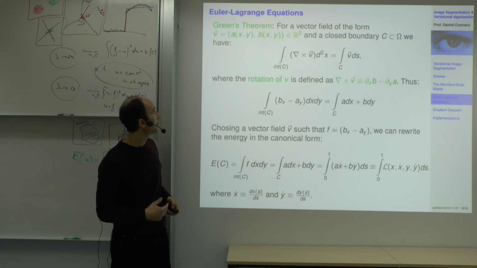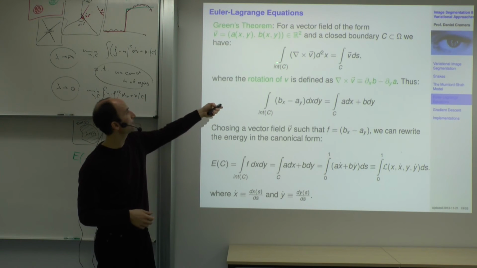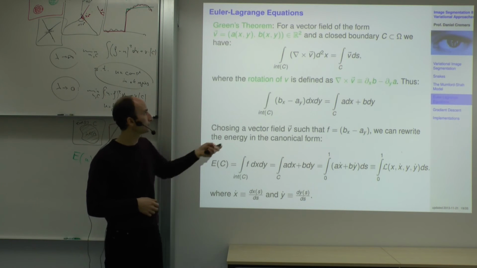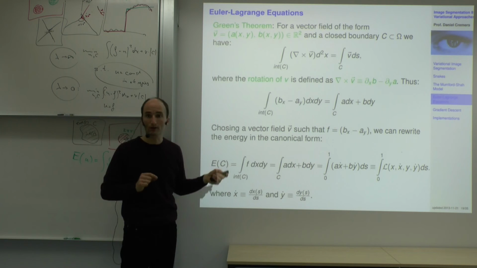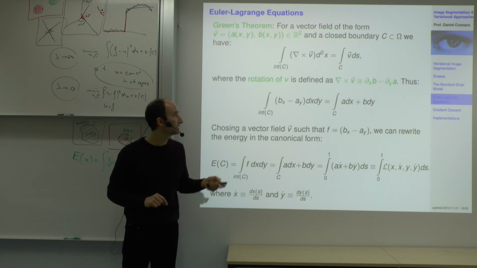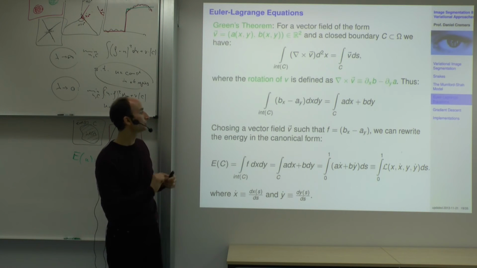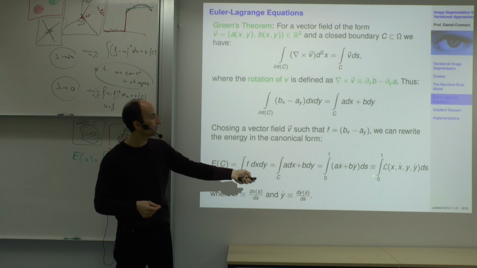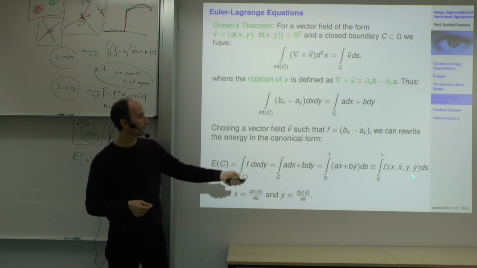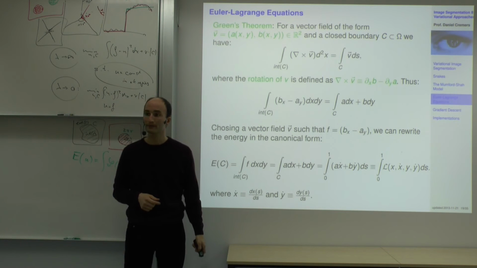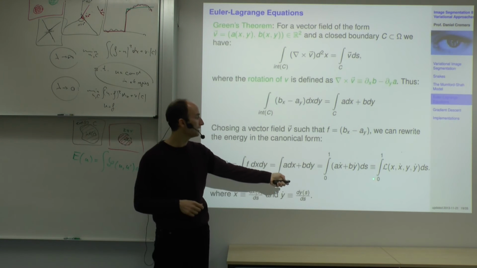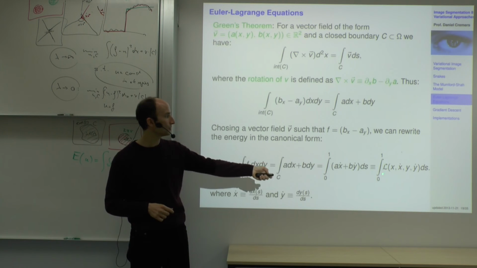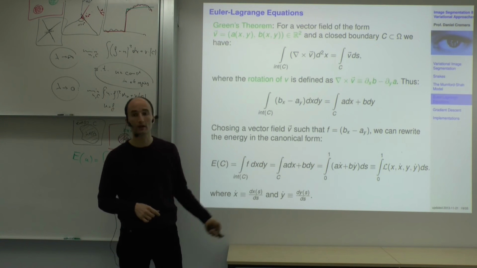And so we do that in two steps. First, we rewrite the integration over the interior of the boundary as an integration along the boundary, C. And then we parameterize that boundary from 0 to 1, as you see here, and then we end up with this, what I call canonical form. Because the domain that C is defined over is the interval 0, 1, and so this is really the canonical form.